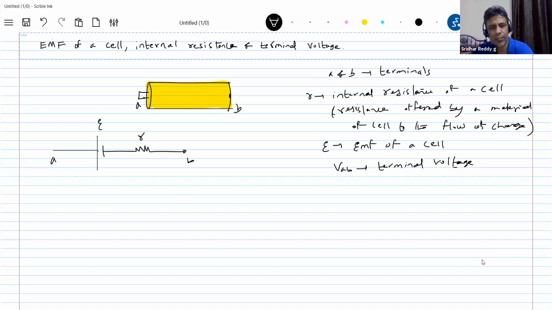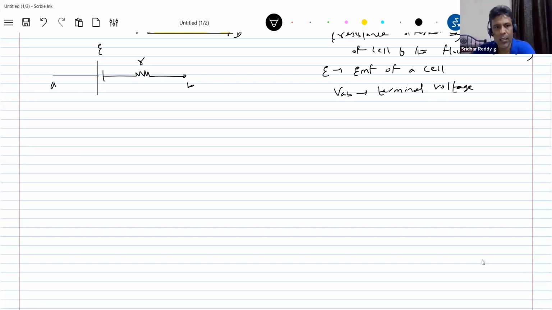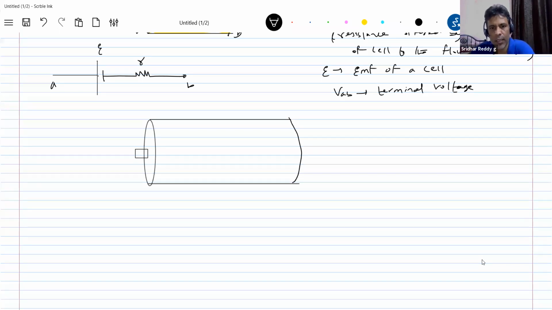Okay, how does the working of this cell take place? Inside the cell, same diagram, there's a terminal B and a terminal A. Let's assume a positive charge.